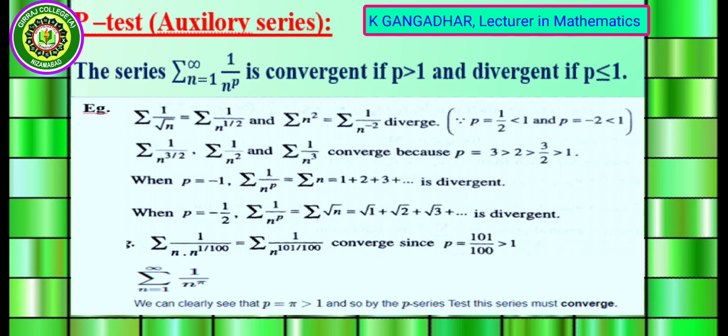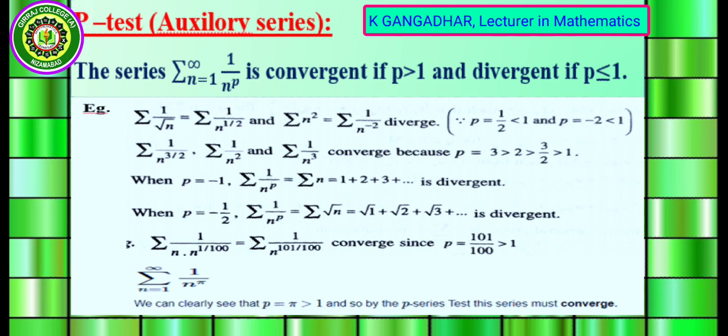Next example, sigma 1 by n power 3 by 2, which we can also write as n root n. Next, sigma 1 by n square, and sigma 1 by n cube. Here the p values are 3 by 2, 2, and 3. These values are greater than 1.